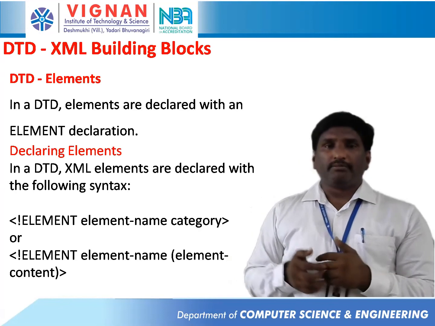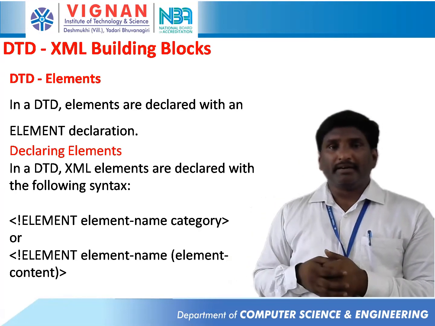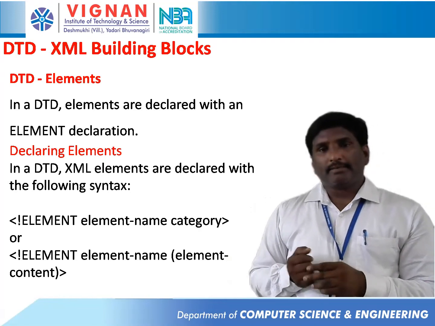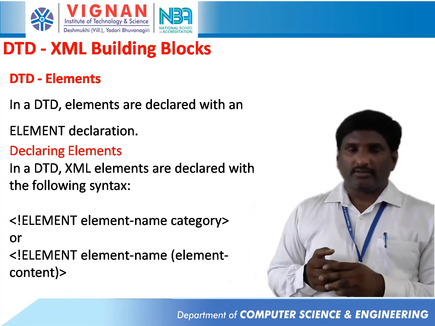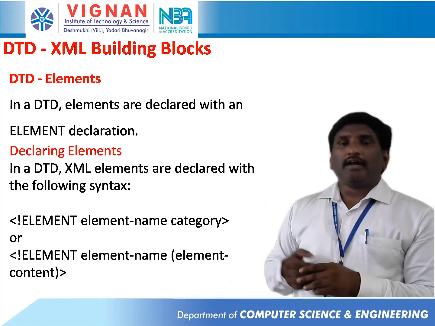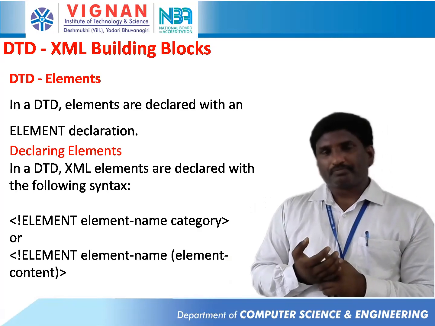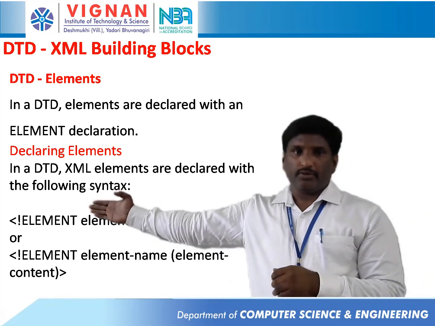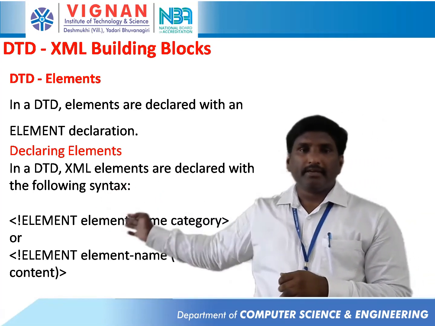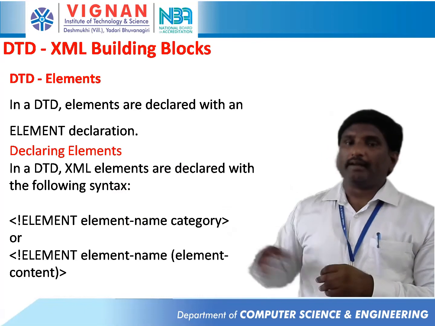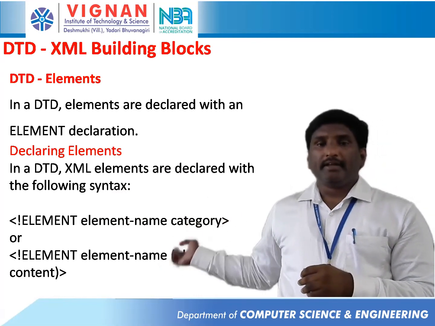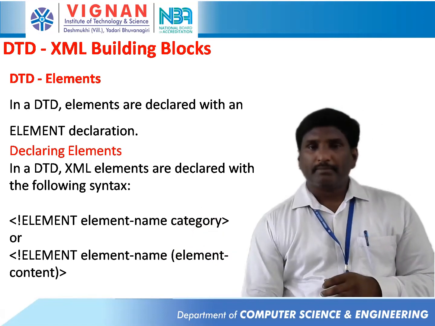And then DTD elements. How can we declare them? In many ways we can declare element declarations. Declaring elements in a DTD, XML elements are declared with the following syntax: ELEMENT, then the element name and the category. What is the element content?